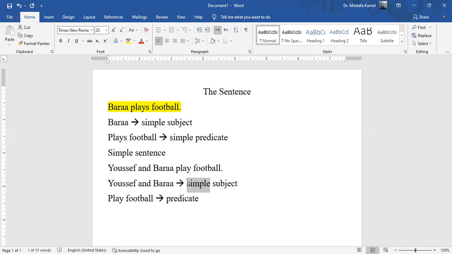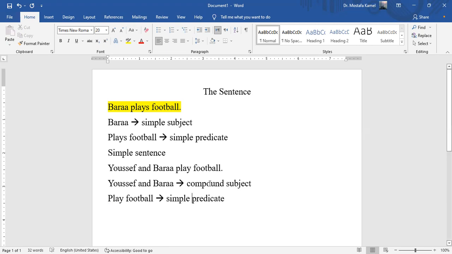The word is compound subject. And here, play football. How many predicates do we have here? One. So it will be a compound predicate or a simple predicate? A simple predicate. Very good.